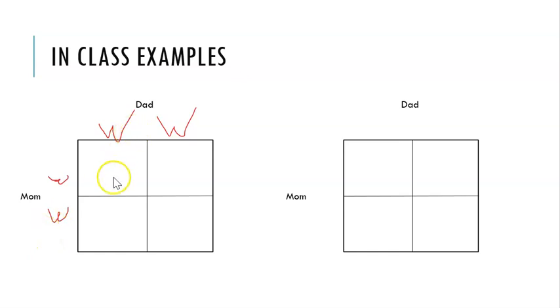Now, we want to know what are the probabilities that their offspring or your siblings would have a widow's peak. So we'll draw this down. We'll put a big W for dad in everything, and then we'll take mom's and put them across, so that's a little w in everything.